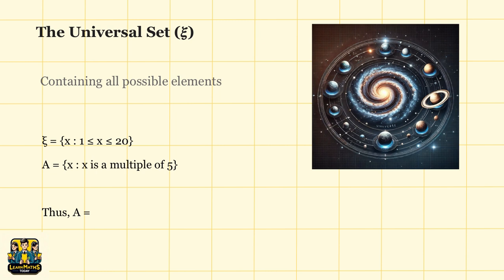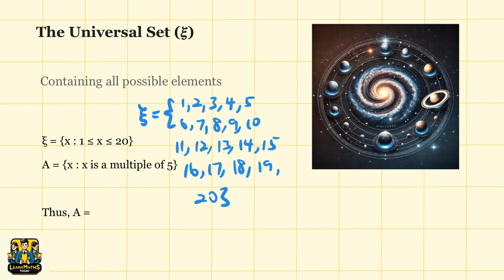This means that the universal set includes all the integers x, where x is between 1 and 20 inclusive. That means the universal set includes the numbers 1, 2, 3, 4, 5 all the way to 20.